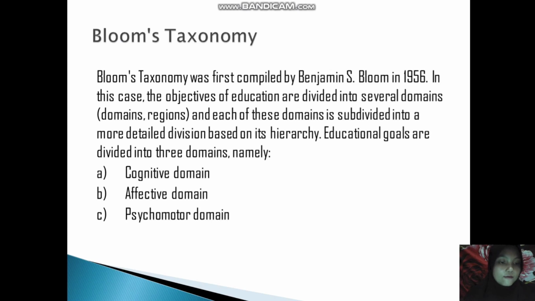There are 5 affective levels, namely first, willingness to accept, which means the desire to pay attention to a particular symptom or sign, such as the desire to read books, listen to music, or associate with people of different races. Next, willingness to respond: obeying rules, participating in class discussion, completing laboratory assignments, or helping others.